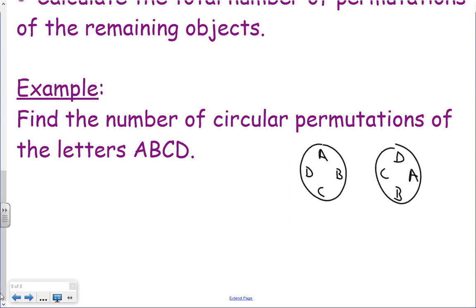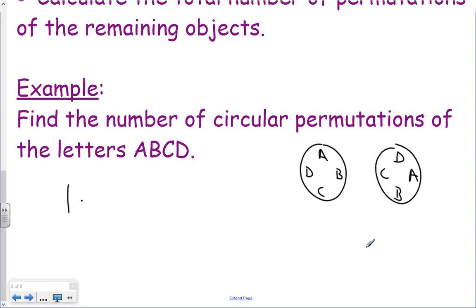So this is why we're going to fix the first position. I'll take the A, for example, and say that's my fixed position. I'm going to say there's only 1 option for where that A is going to go. I don't need to include the A going at the top versus the right versus the bottom and so forth. I'm fixing its position, and then permuting all the other objects, arranging all the other objects.